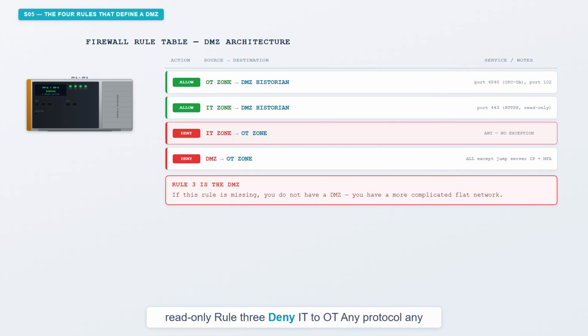Rule 3. Deny IT to OT. Any protocol, any port, no exception. Rule 4. Deny DMZ to OT, except a single, specific jump server IP with multi-factor authentication and session recording. If Rule 3 is missing, you do not have a DMZ. You have a slightly more complicated flat network.